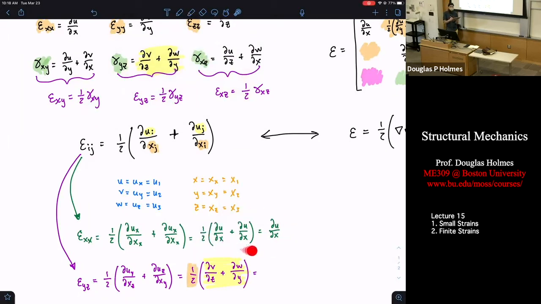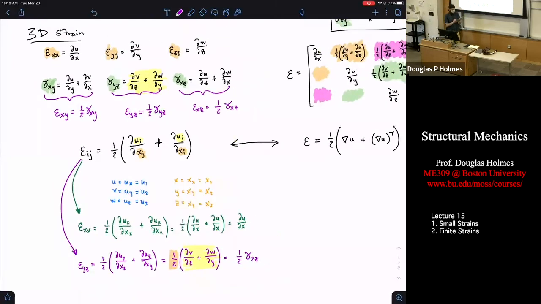We would have had twice the amount of normal strains. So we have a 1/2 in here. So this is equal to 1/2 gamma yz. Does this notation make sense now? Does seeing it like this help? That's the idea, is that I have one equation that I can unpack to whatever strain I want.